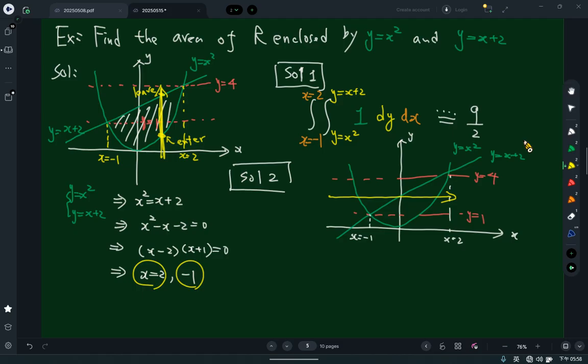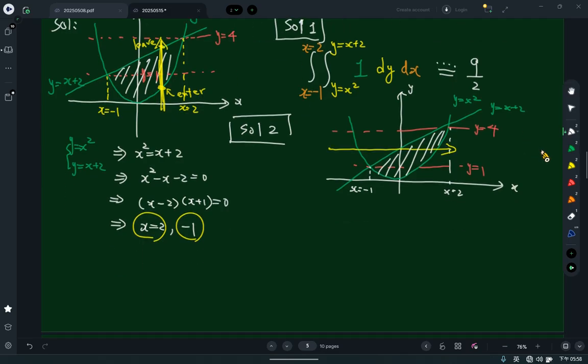So let me just show you. This is the region, right? So in this case, this one and this one is different. Did you notice that? This ray enters at y is equal to s plus 2, but leaves at y is equal to s squared.